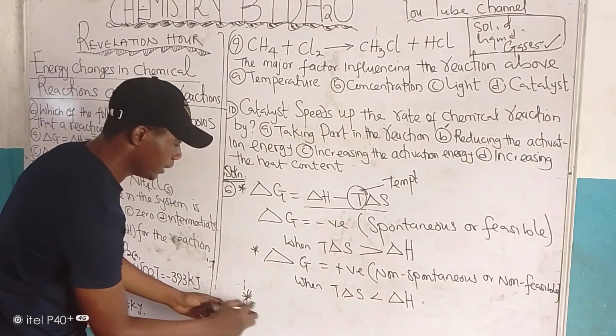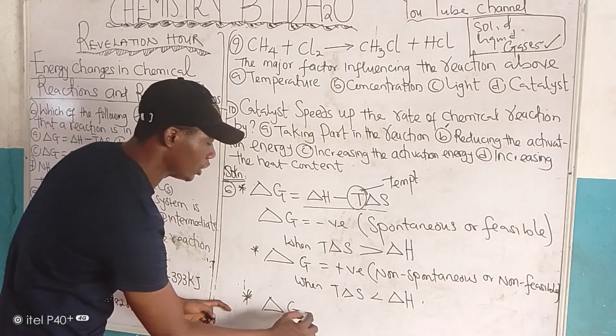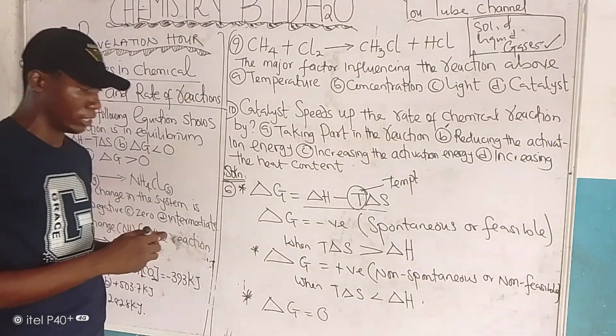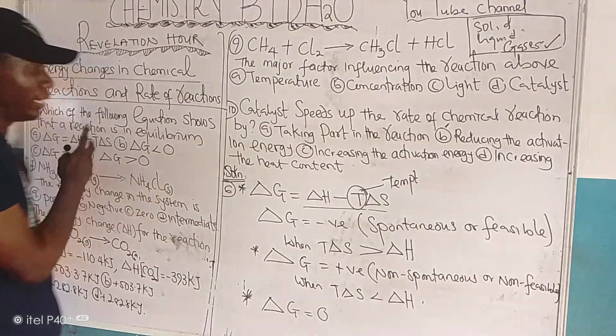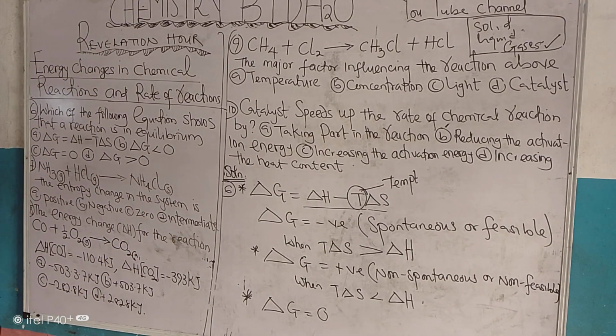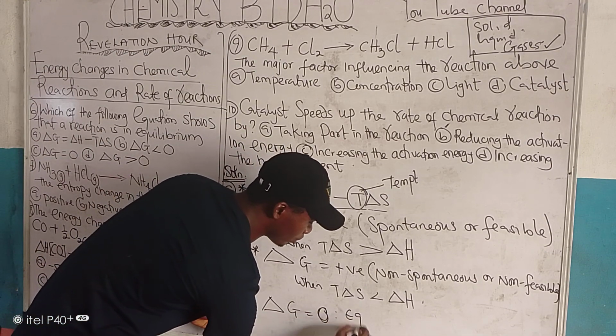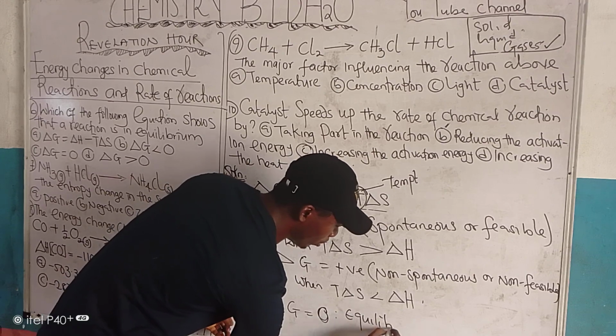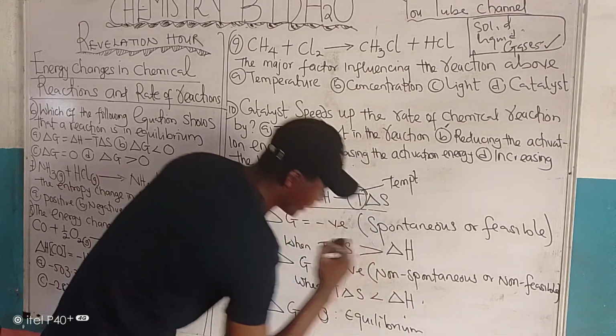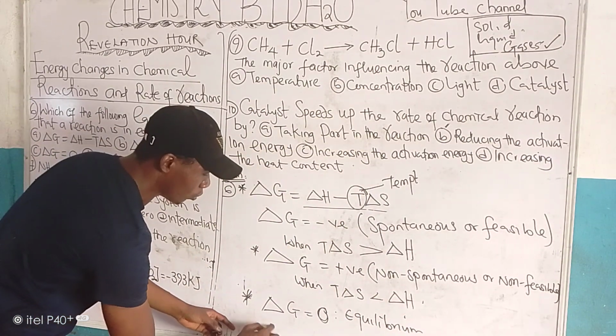Point number 3. Now, why I am doing all this is because if you see questions related to this particular nature, you'll be able to answer them, okay? If your Gibbs free energy is 0, the reaction is said to be in equilibrium. And when does it happen?